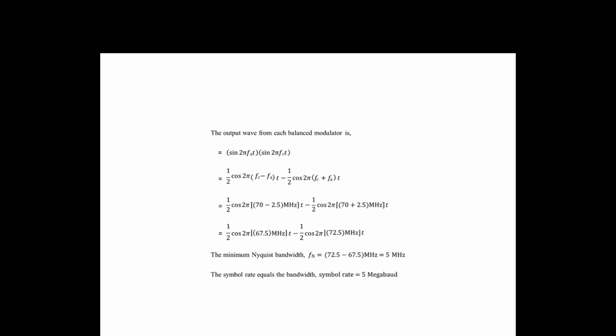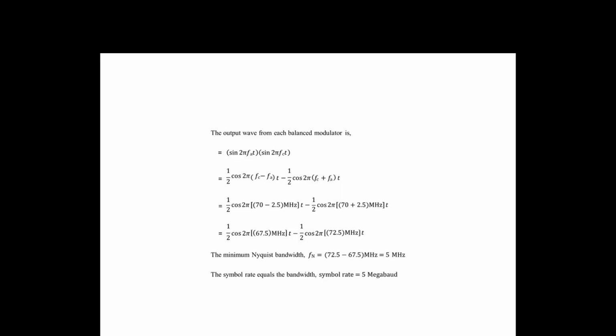The output waveform from each balanced modulator is sine of 2 pi FA t into sine of 2 pi FC t. So we can expand by using the cos A minus B minus cos A plus B formula.